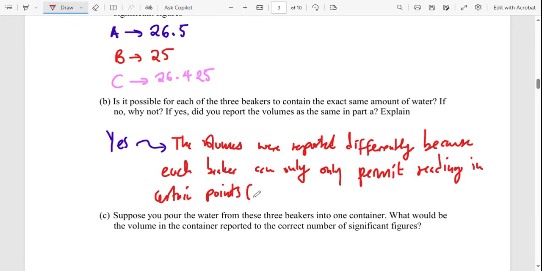So basically they permit some errors which result in differences.